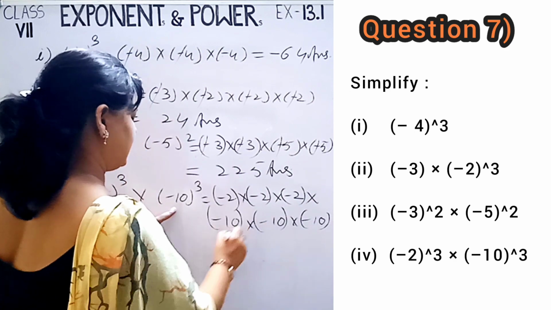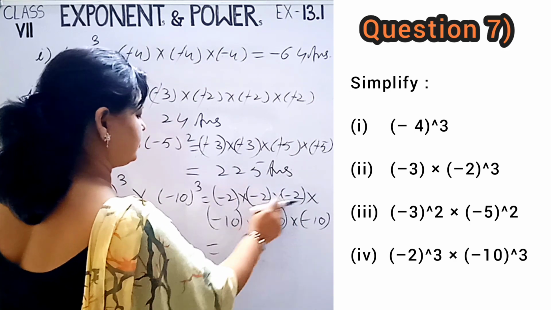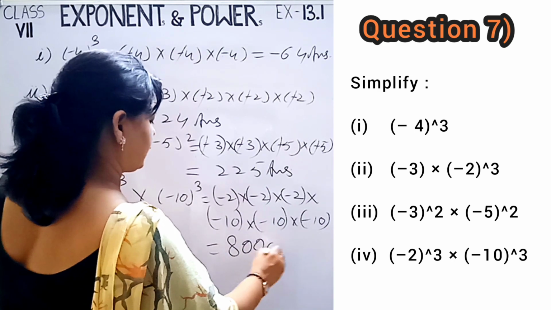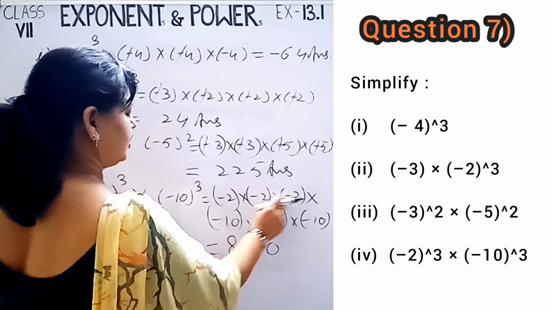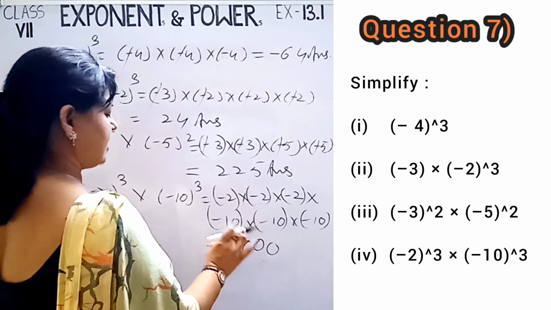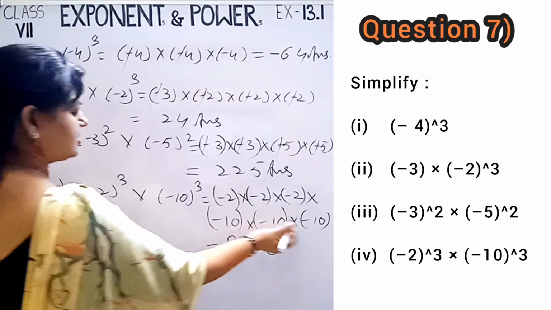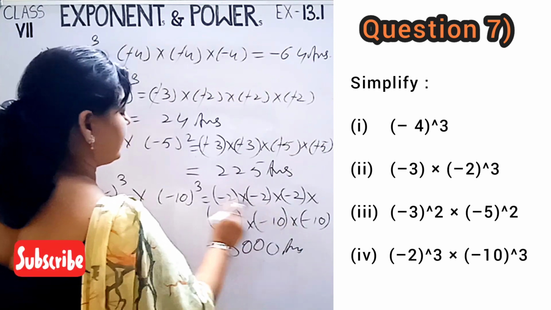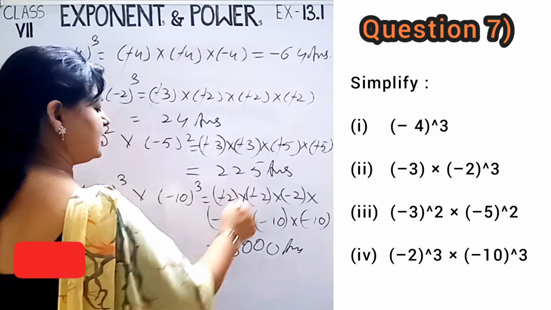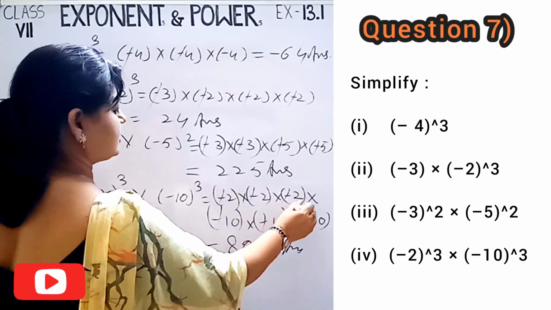So after multiplying, we get 8 and 1 2 3 0s. So 1 2 3 4 5 6. We have minus 6 times and this is an even number. So the answer will be positive. Or minus minus plus, minus minus plus, minus minus plus, or minus minus cancel, minus minus cancel, minus minus cancel.